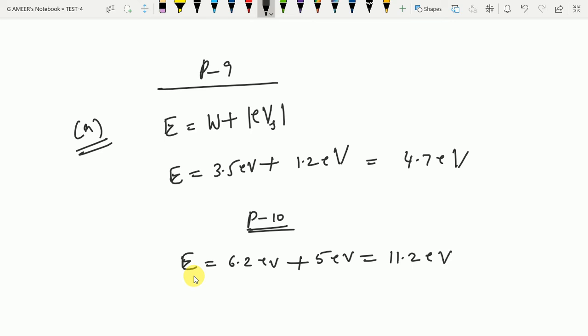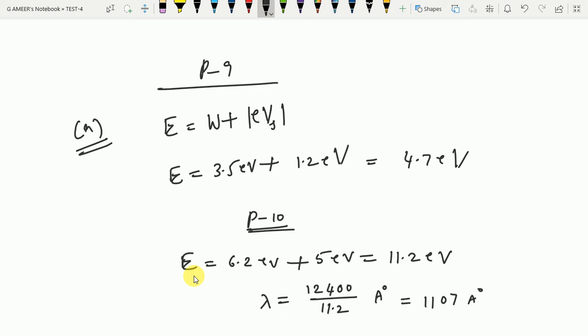Then I can calculate the corresponding lambda, which is equal to 12400 angstroms divided by 11.2. When I simplify this, I'll get 1107 angstroms.